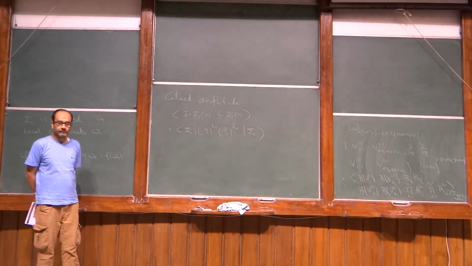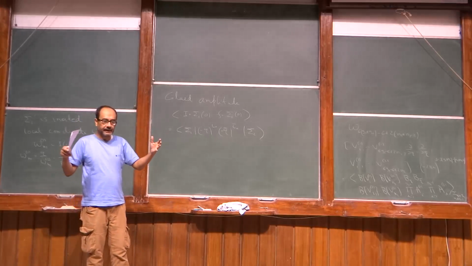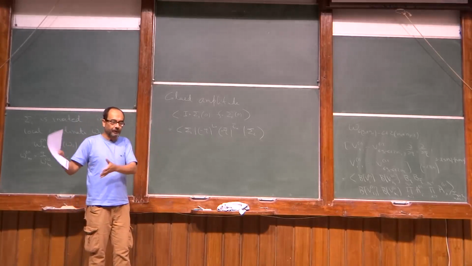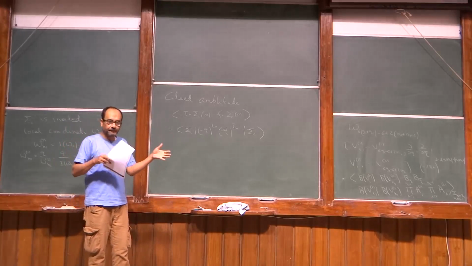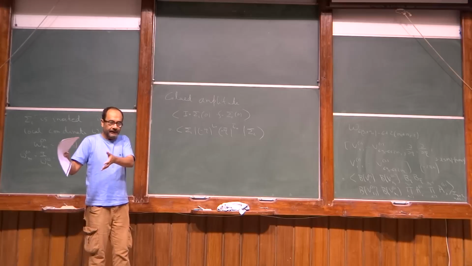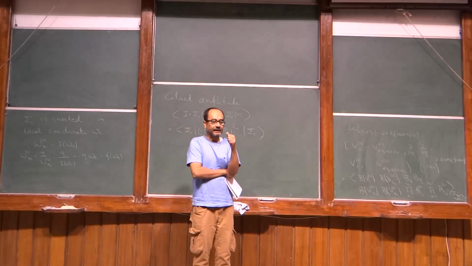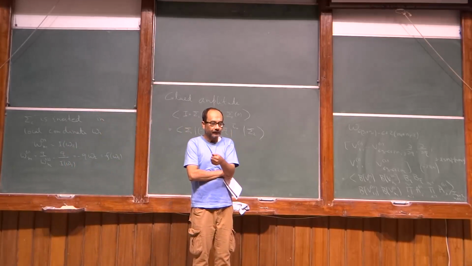I'm a bit confused. Which amplitude is this generally? This is the amplitude on the glued surface. A set of b1s, a set of b2s, whatever operators you had on sigma 1, and whatever operators are on sigma 2 have been put, except that the vertex operator at the N1th puncture of the first surface and the N2th puncture of the second surface have been removed, and their amplitudes have been glued.